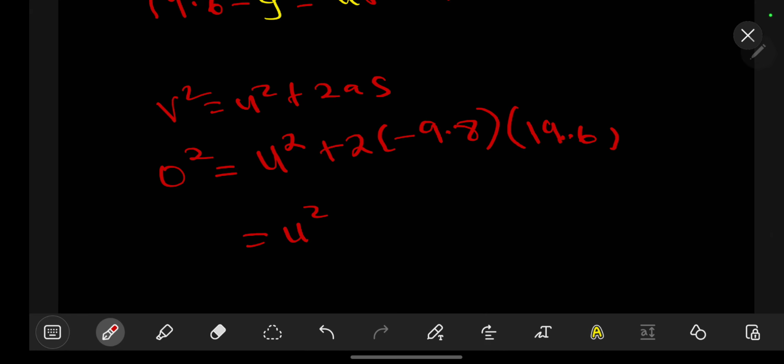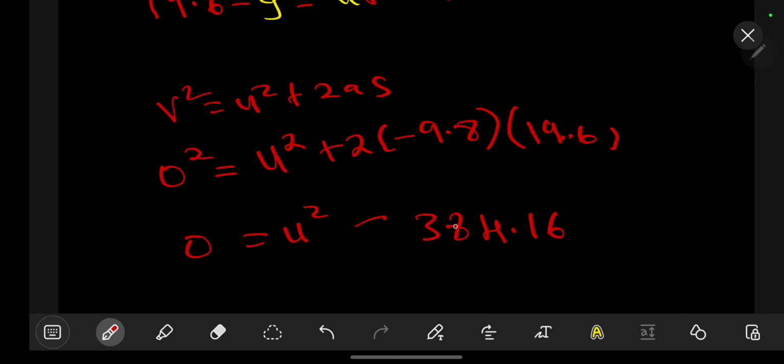Then when we multiply this, we get a negative. So 9.8 times 2 times 19.6 will give us a value of 384.16.